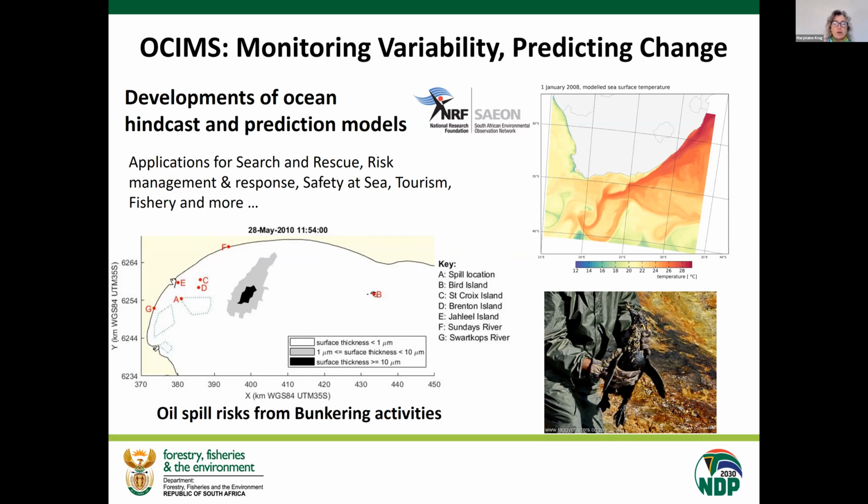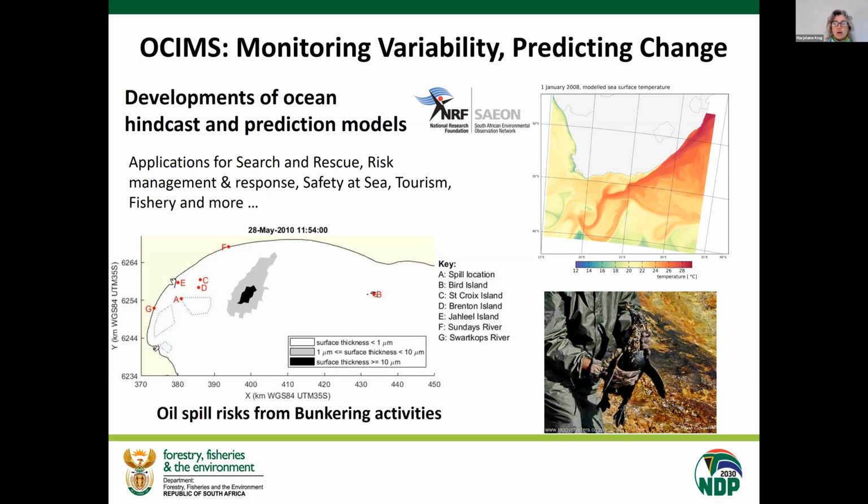So one such operational model has been developed within the Algoa Bay region. And in this model, we provide forecasts 5 days ahead of parameters such as currents, temperature, salinity, water level. And we also provide projections of where oil spill particles would drift should there be an oil spill event in one of the bunkering sites within Algoa Bay.